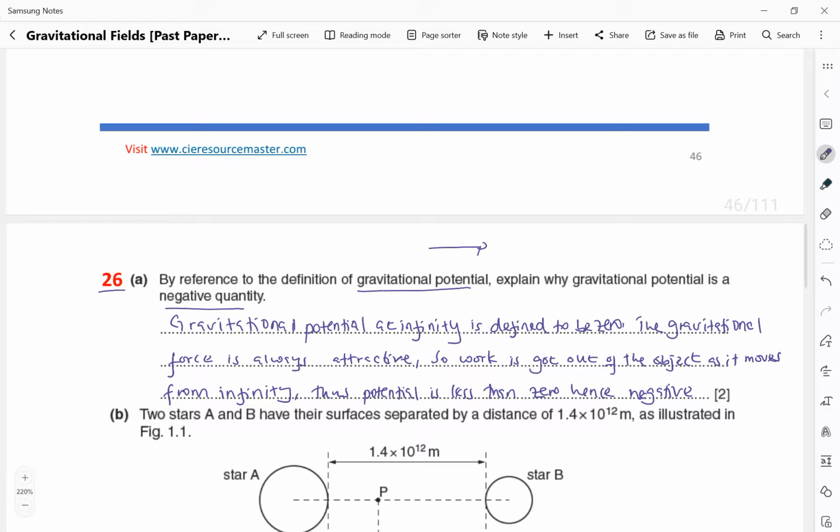So work is done on the masses. Whenever work is done on the masses, they gain energy, so gravitational potential increases. Whenever work is done by the masses, they lose energy, so the gravitational potential energy decreases. And yet at infinity, it is zero. So we are always moving through negative values of gravitational potential energy.